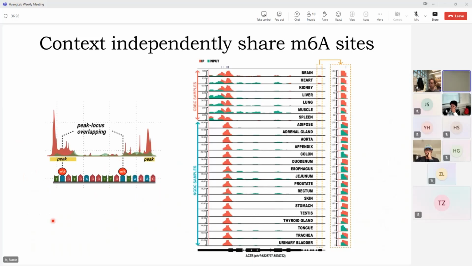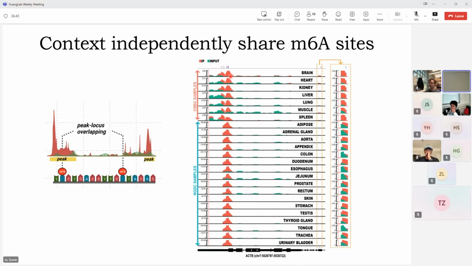After we overlap, we were able to pinpoint these specific sites. The thin bar on the top is the predicted m6A sites, and we can see where they overlap with m6A peaks.